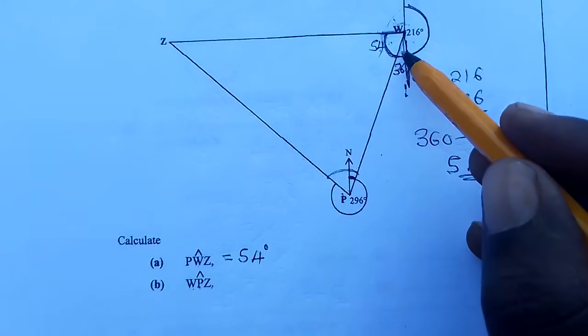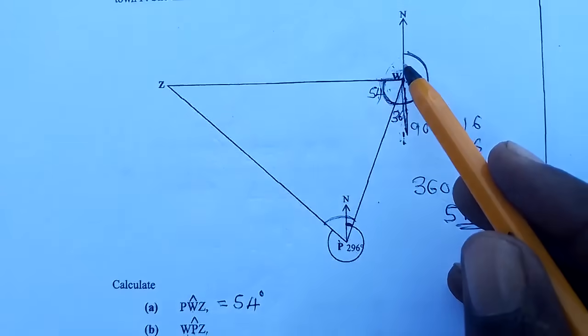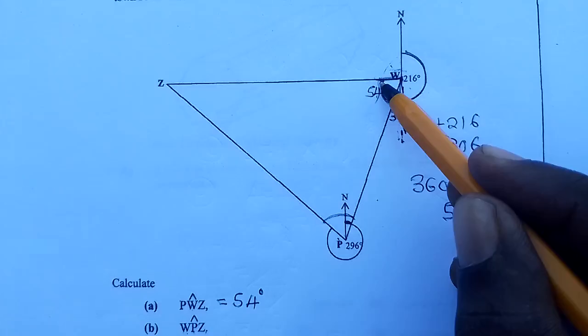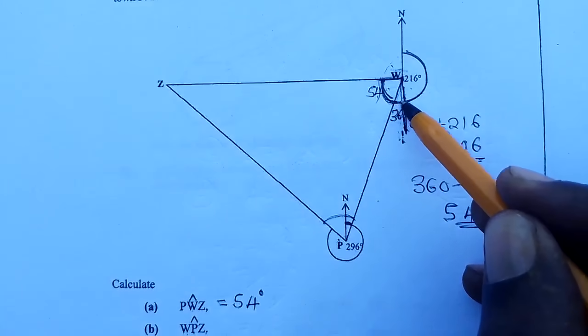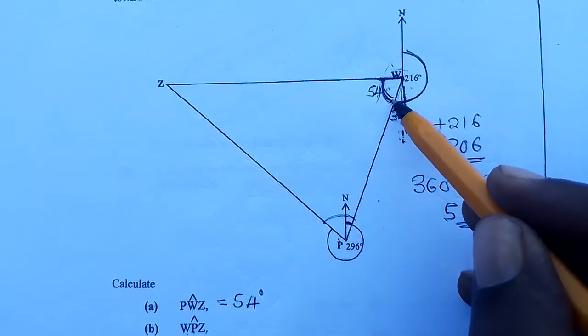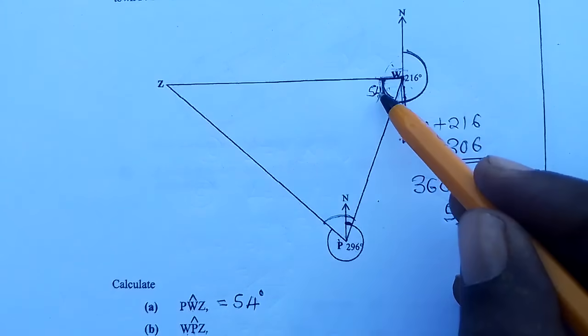So you bring this down here. This is a north there on top. Here we found this one, 54. Since this is a right angle that is being formed here, you just say 90 minus 54, it is 36.